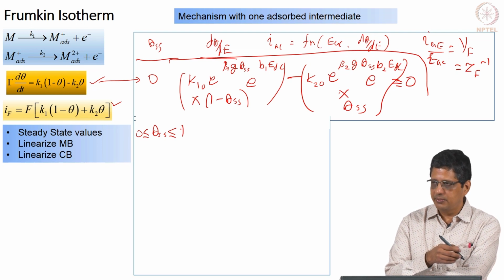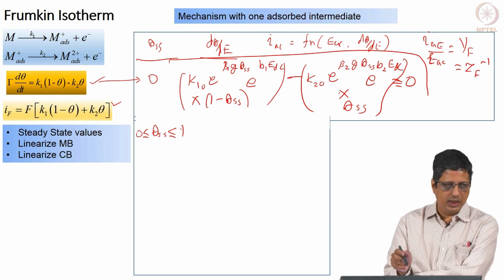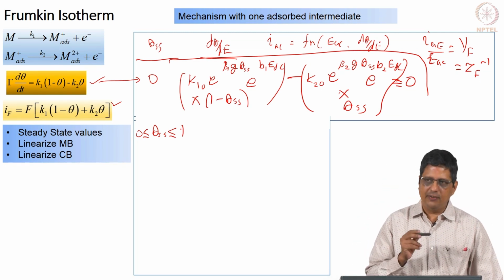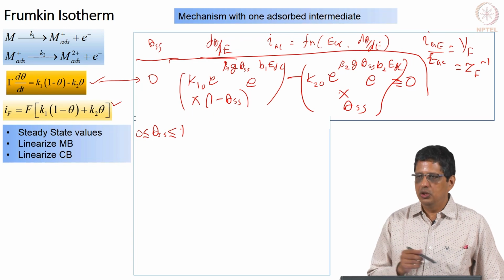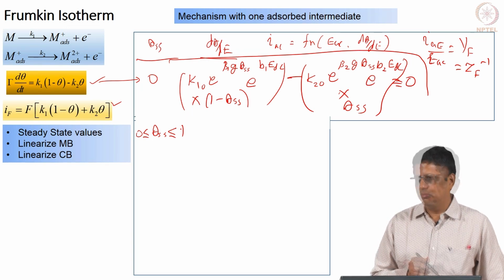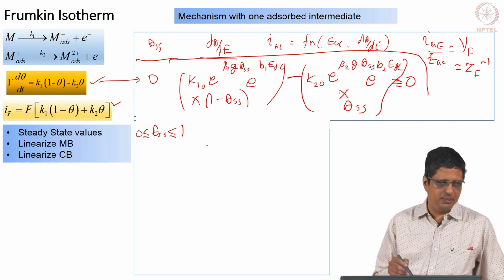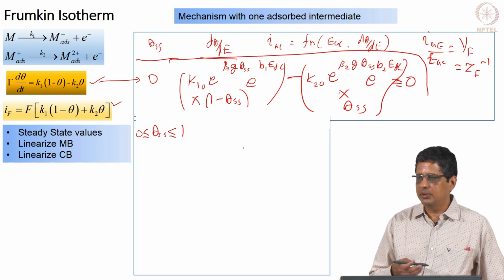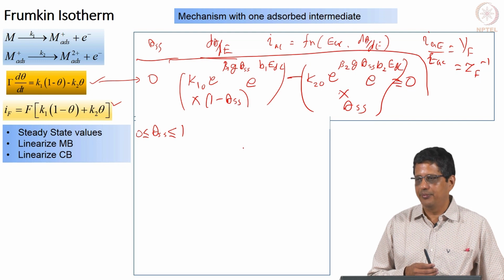Then for a given DC potential EDC, you will have to find theta SS. If you vary the value of theta SS from 0 to 1, you will find it is crossing 0 at some location. You can't write an analytical expression and say that theta SS equals k1 DC by k1 DC plus k2 DC, something similar to what you have done before. But it is possible to do it using pretty much any software or programming language which you can use for plotting or programming. It is possible to do it quickly.